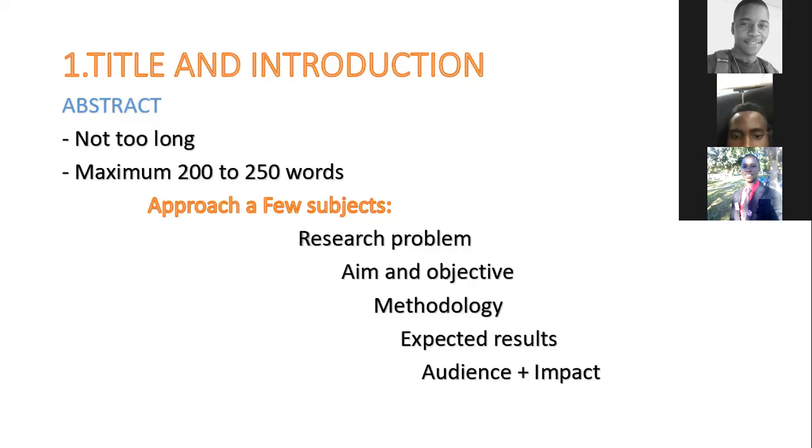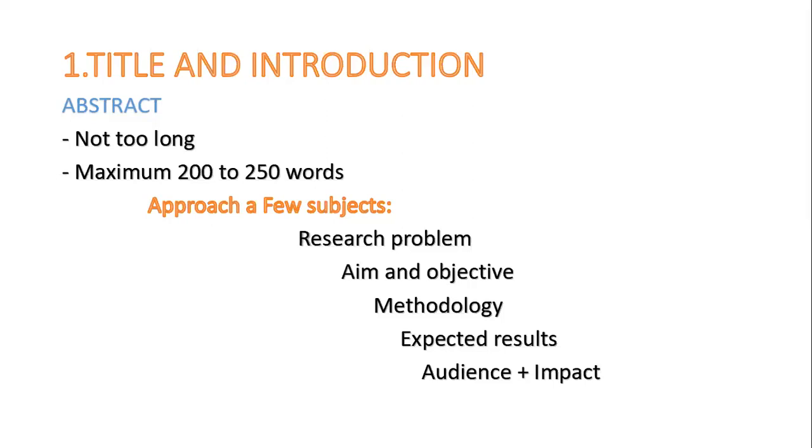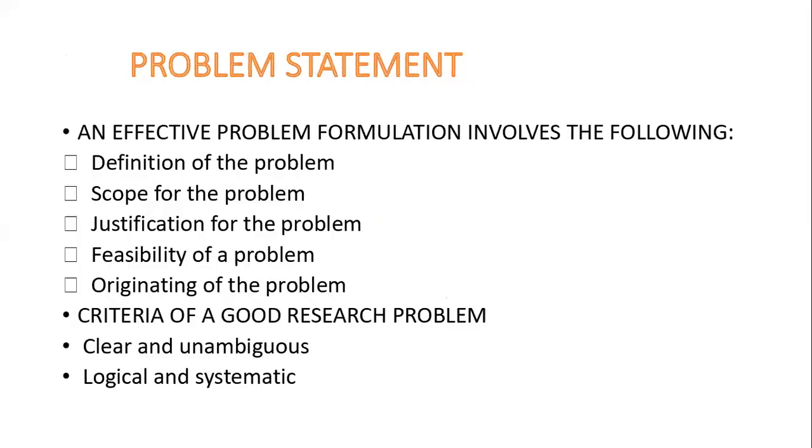If you're talking about the re-entry policy in Zambia, it has to be clearly explained in your introduction. Bring out some history about the re-entry policy. How did it start? What has been its impact in Zambia? That is the introduction. Basically, in a research proposal, the introduction should only include a clear explanation of your title.